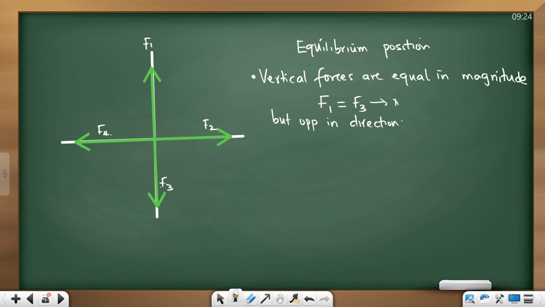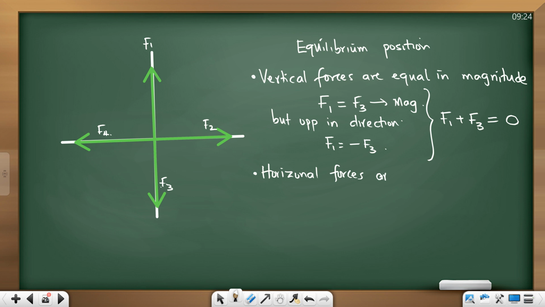So here we talk about magnitude. And if it's the direction, then we put a negative there. Again, horizontal forces. Oh, by the way, this then means F1 plus F3 must be equal to 0. All right, Denzel, I'll go back.